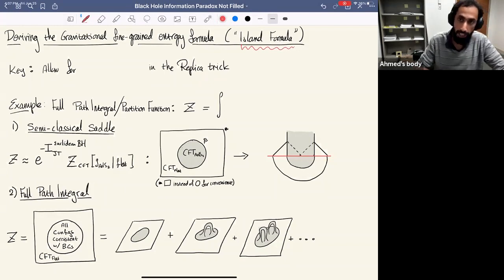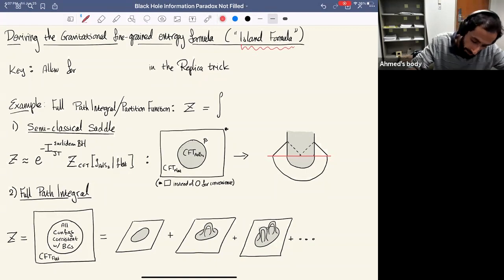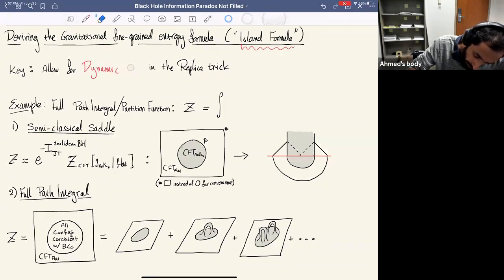The key is to allow for dynamical gravity when computing the entropy of any region of the bath.